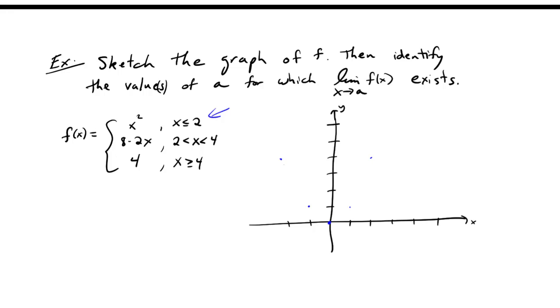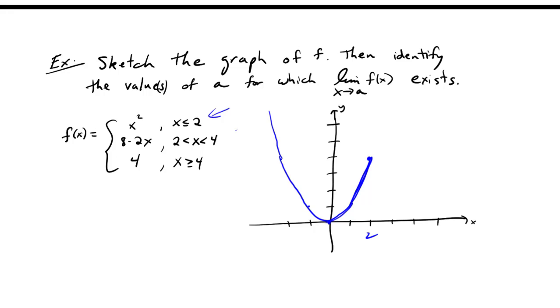So I'm going to include only the portion that's less than or equal to 2. It would come down like this, come up, and then stop right here at 2, 4, because that portion of the function is only defined for x less than or equal to 2.